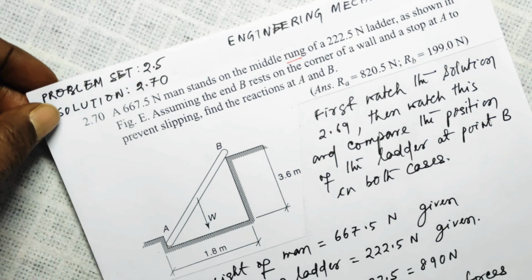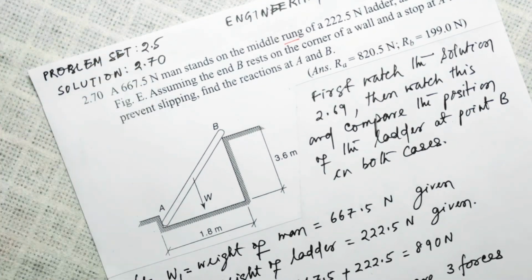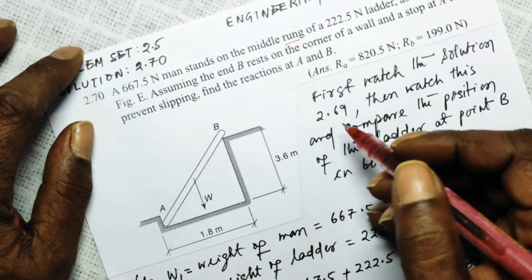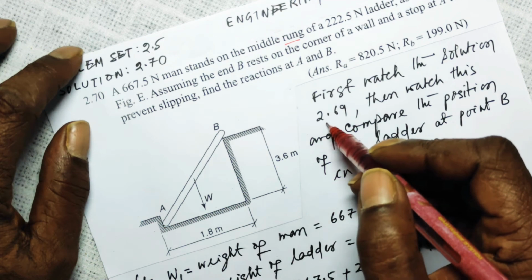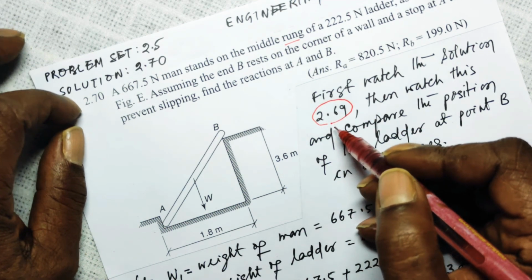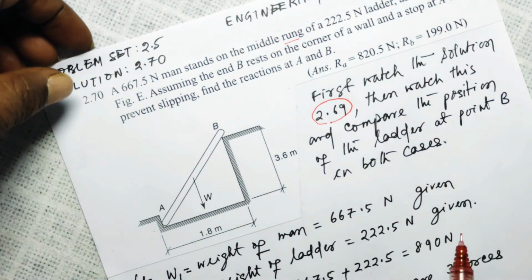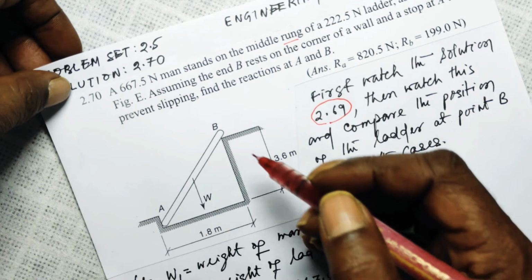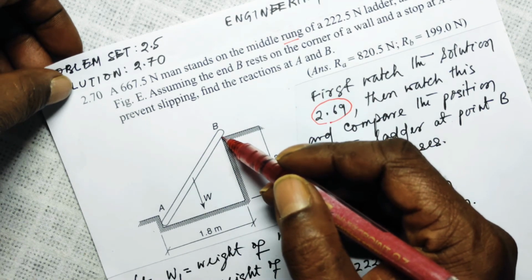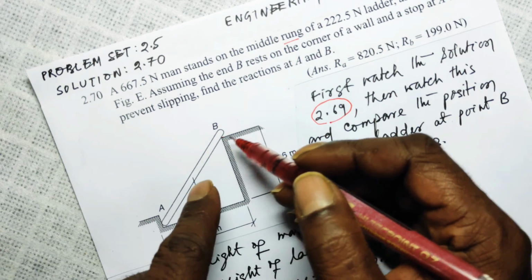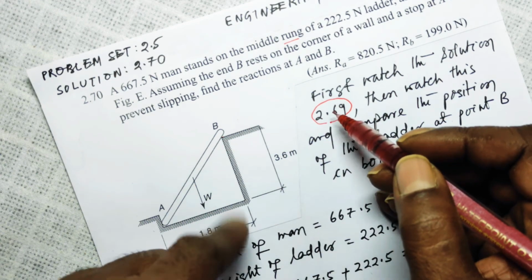What I must suggest to you before you watch this video and do the solutions as described, I request you to first look at the solution of 2.69. This is 2.70. Look at the solution of 2.69, where there was a similar case. But the way this ladder is leaning against the wall here, in 2.69 it was different.